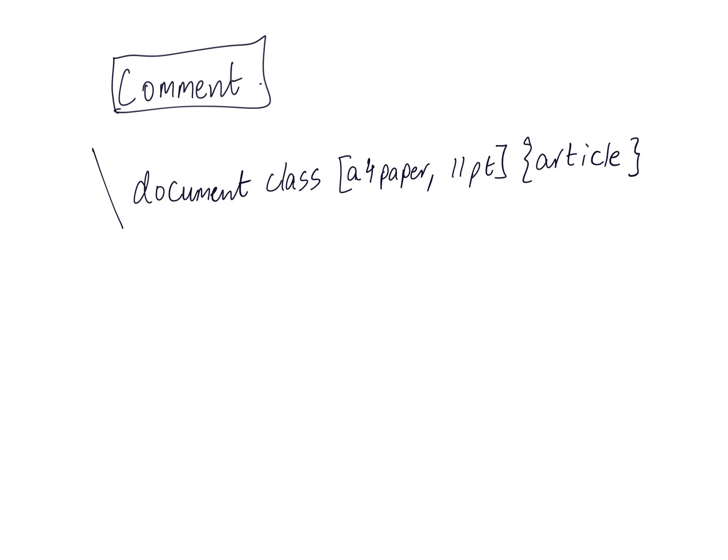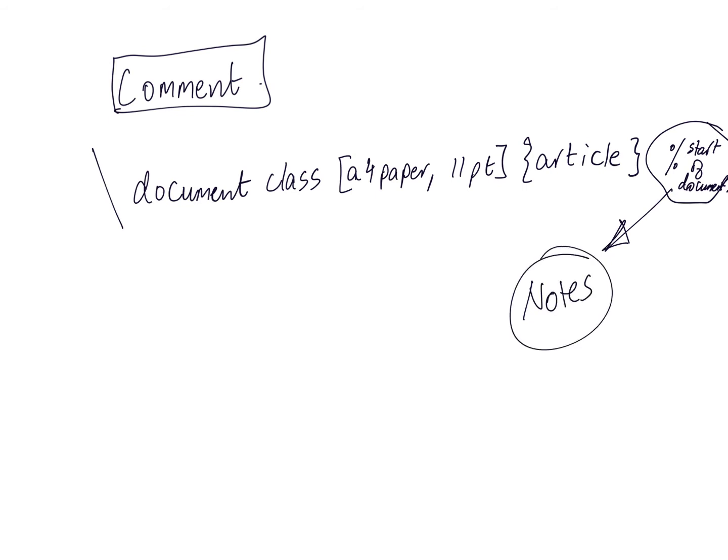Now if I want to write a comment, I'll use the percent sign. Right after this, you put a percent sign and you say start of document or something, whatever you want to write. This will not print. This is just your notes. So anything with that percent sign will not print. It will just show what you're trying to describe about the situation. So you can use this always as a tool, okay?